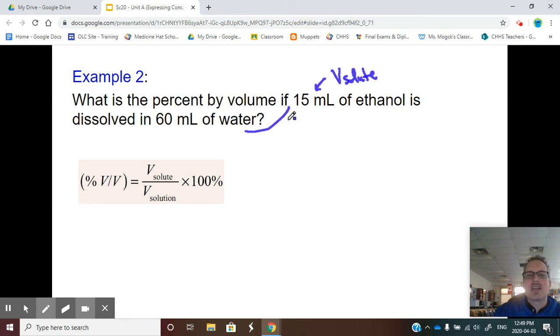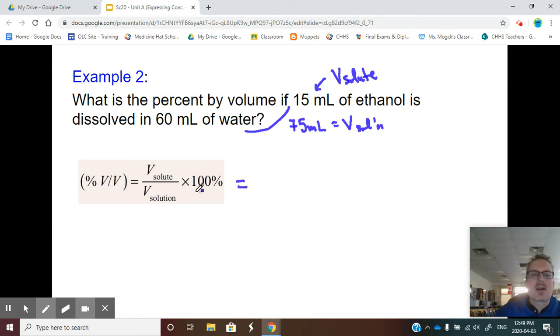So actually, I have 75 milliliters as my V solution this time. If you go back and read the previous question, it was worded very differently. This time we have to add them together because we're adding 15 milliliters of ethanol to 60 milliliters of water. So when I get the total solution, it's going to be 75.